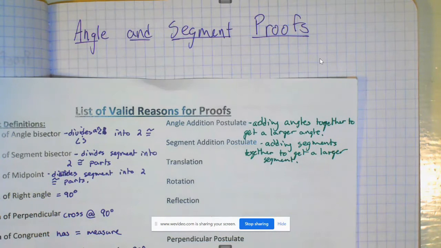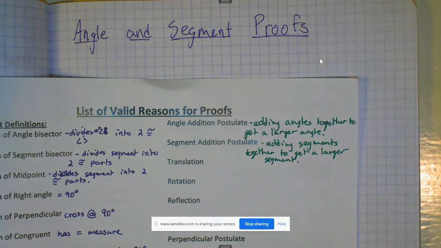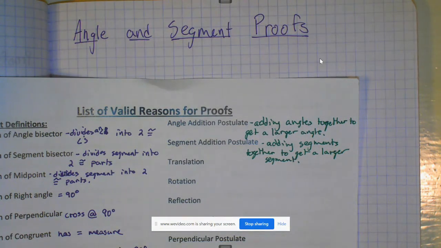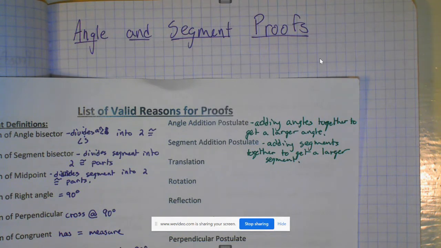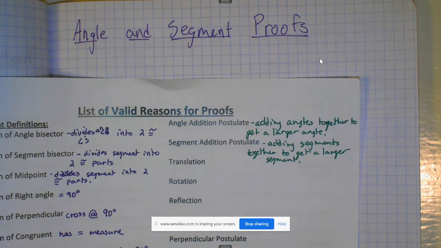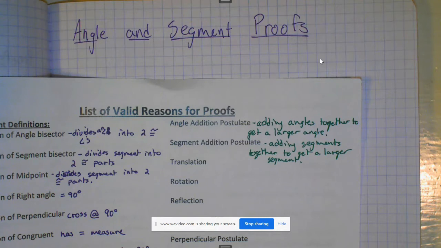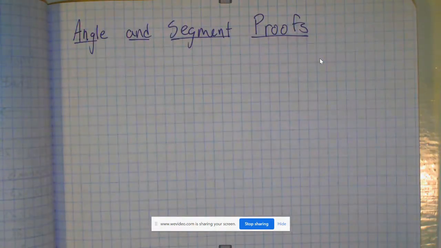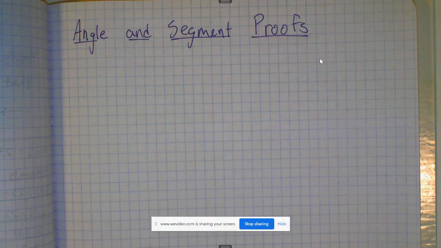Looking back at some things that we have done, we can add angles together and we can add segments together. We'll look at that with some of our algebra as well. We're combining some unit 1 stuff with our algebra proofs, moving into geometry proofs. Having this sheet filled out and handy will be very helpful.